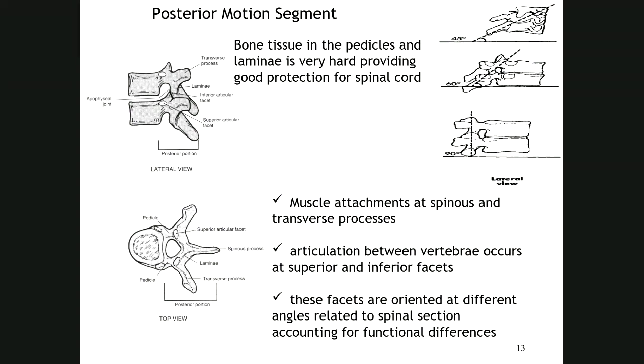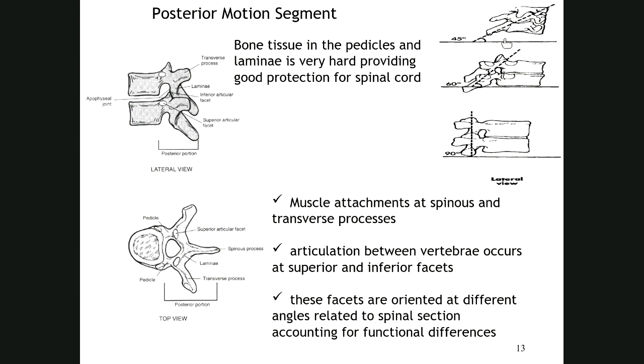In the picture in the top right-hand corner, you see the cervical spine. The facets are pointed in a different direction to allow free movement. Since the cervical spine moves the most, it requires a 45-degree angulation of the facets. The thoracic has a 60-degree angulation.